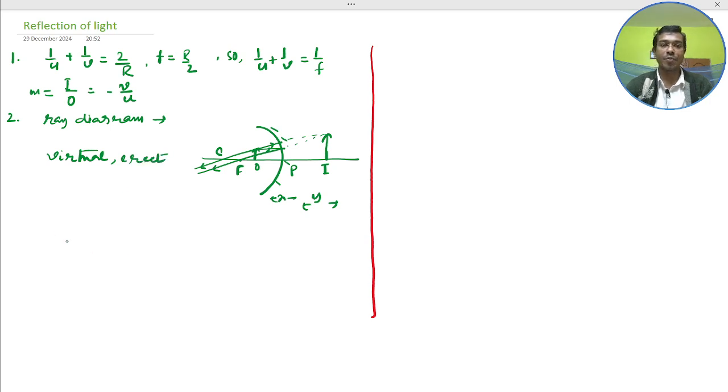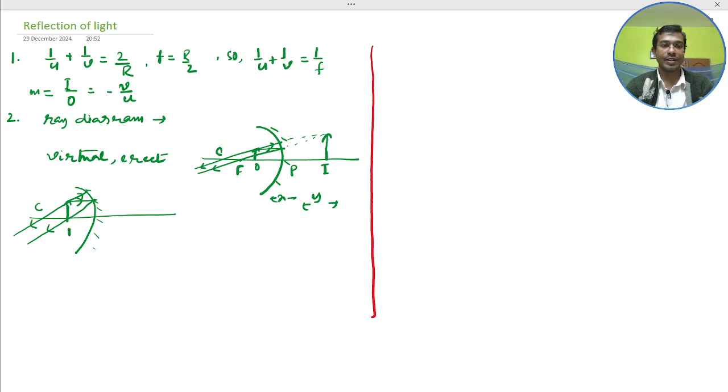Next, the object at focus. Here the rays pass through the focus and come back in this direction.